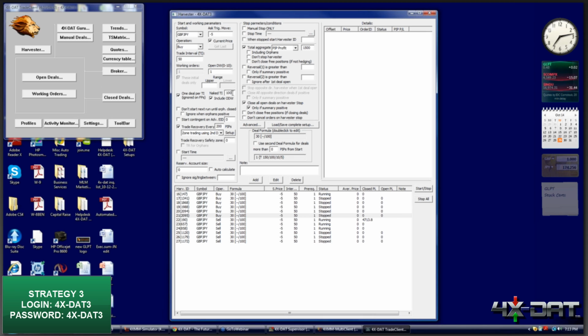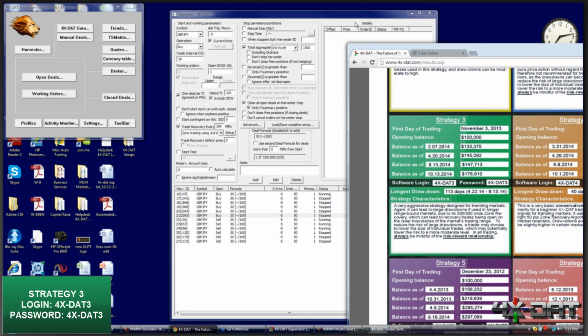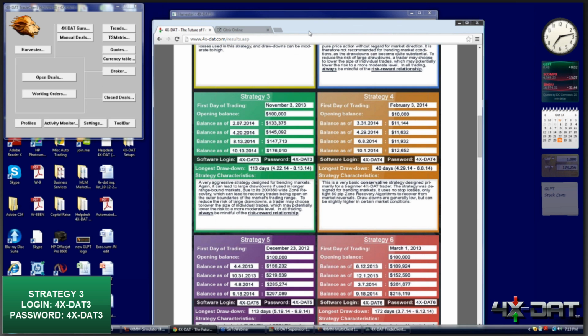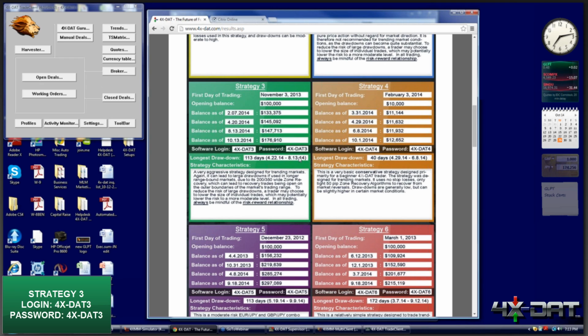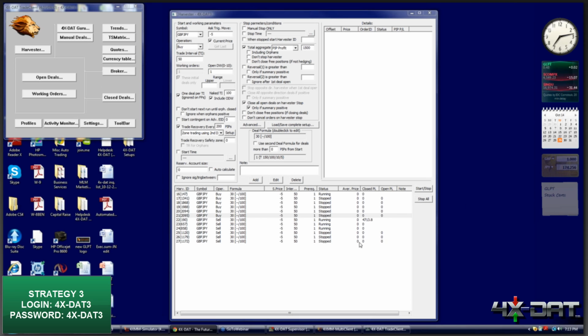So if you have a 300 pip range, as we did between the months of April and August, well, the most number of trades that you can have open in that range is 3.